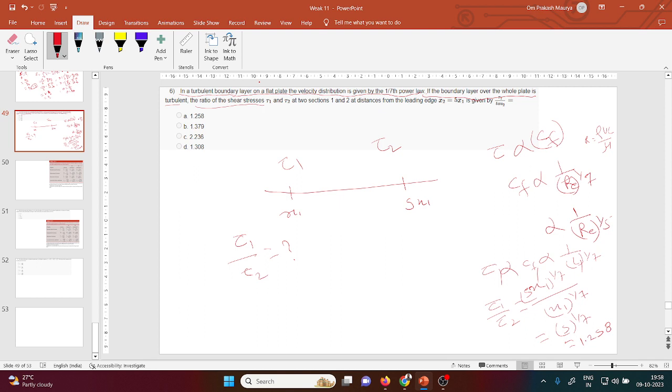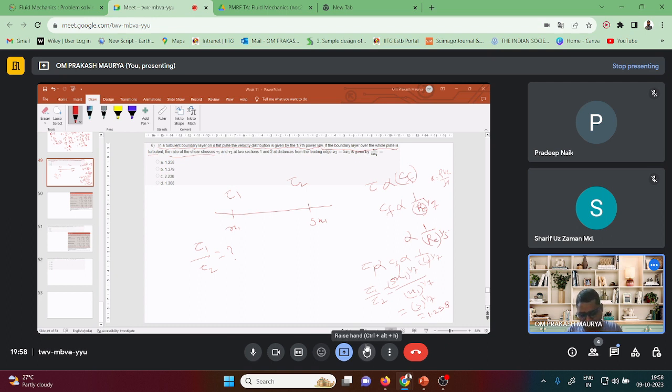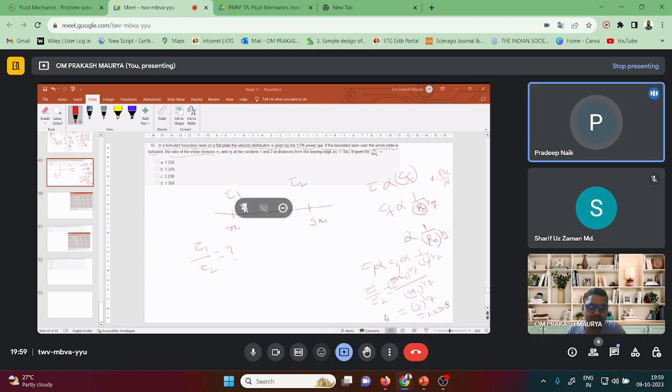And if you solve using the empirical 1 by power law, it will be how much? Divided by 5 to the power 5, 1 by 5. 1.379. So both options are here.